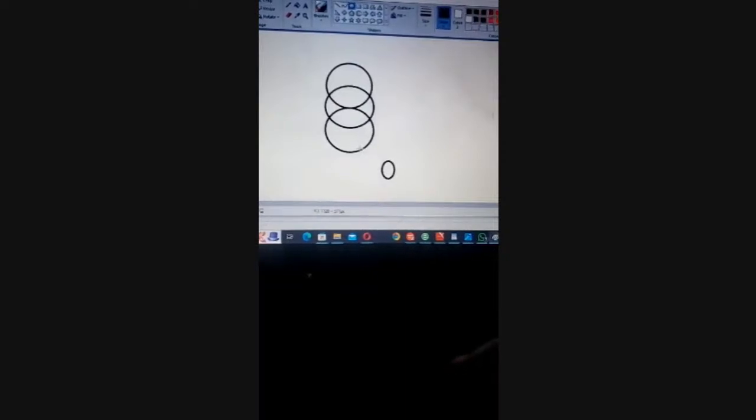Looks like this one is too big. This is bigger.